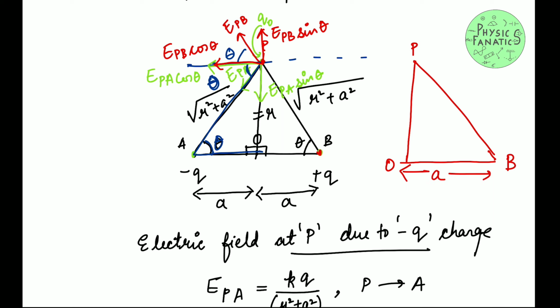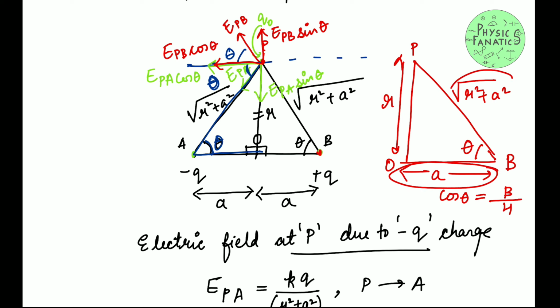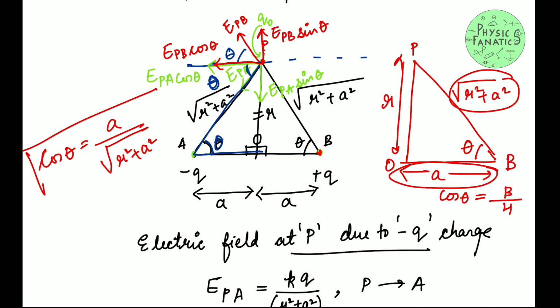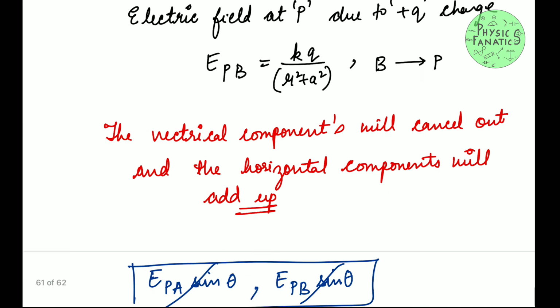I know cos theta equals base upon hypotenuse. Base is A and hypotenuse is root of R square plus A square. So cos theta equals A upon root of R square plus A square. Very important, I can use this in the next part.